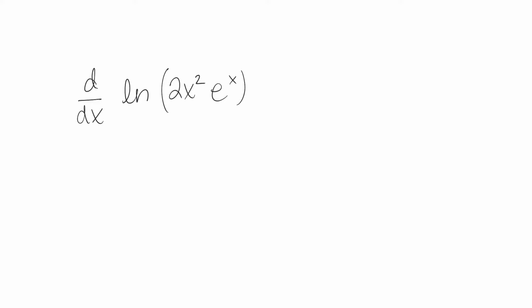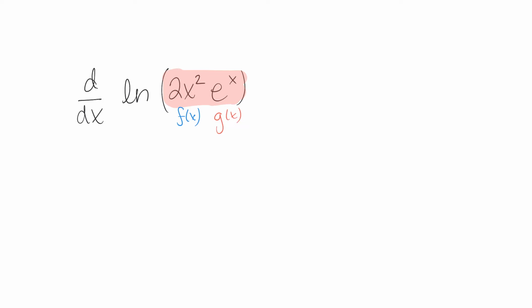Our x is this monstrosity. It's really not a monstrosity, but that's the product rule, right? So this is going to be our f of x, and this is our g of x. So we need to be real careful with this one.